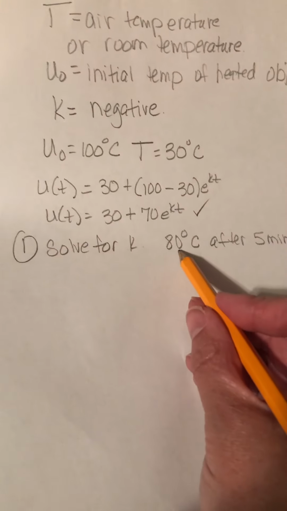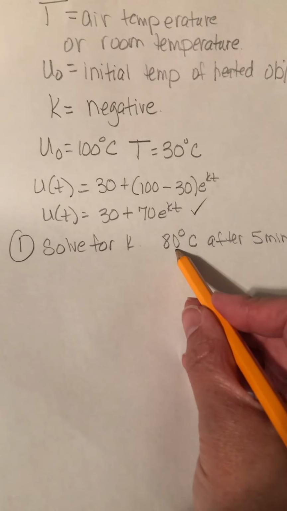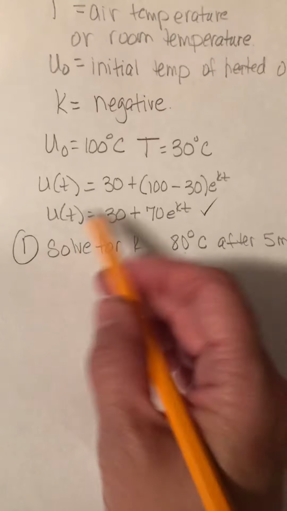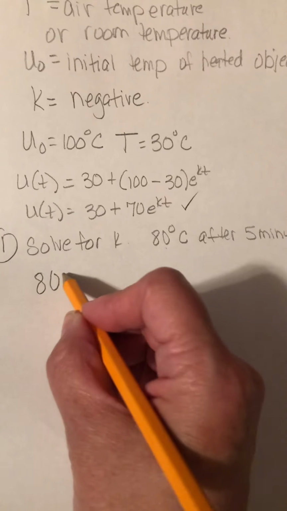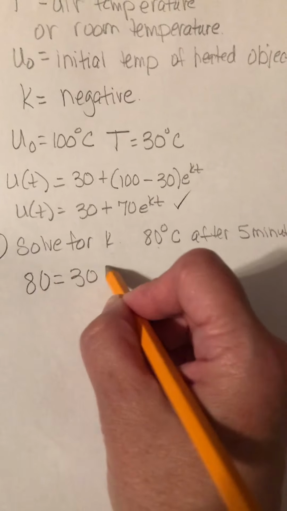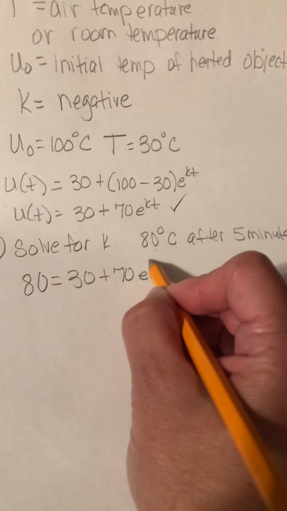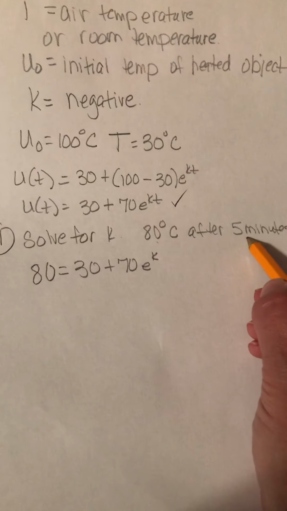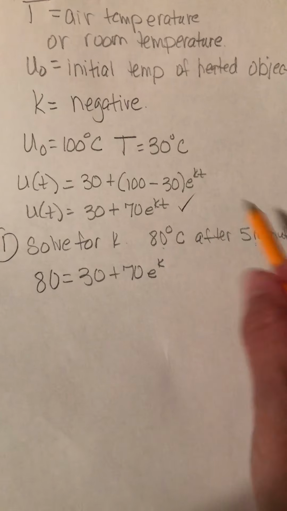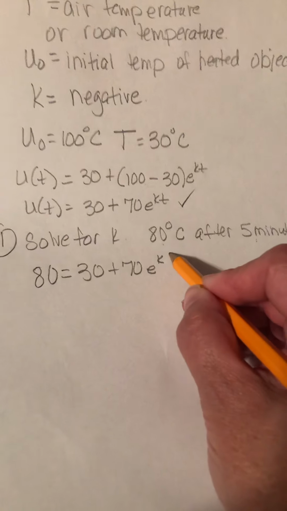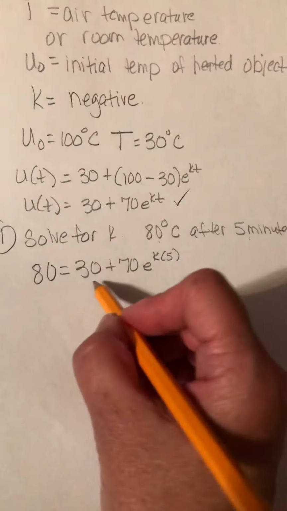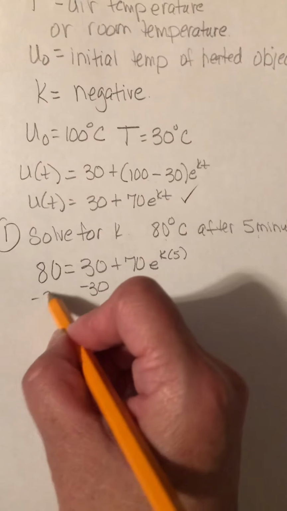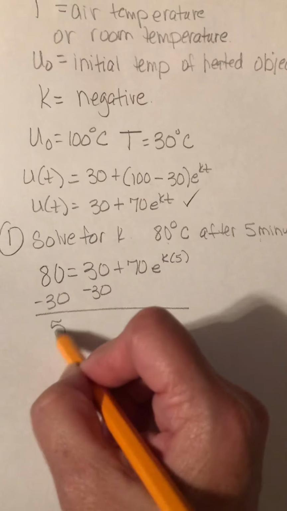So 80 degrees is what the object has cooled down to. That's going to be our U of t. So 80 degrees equals, well, we've got 30 plus 70 e to the k. Now, it took 5 minutes for this object to go from 100 degrees to 80 degrees. So that means my t is 5. So let's get e by itself.